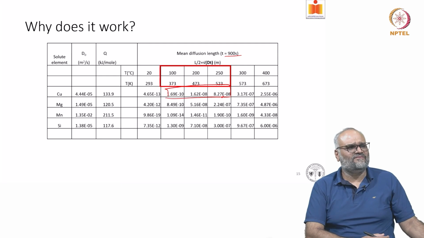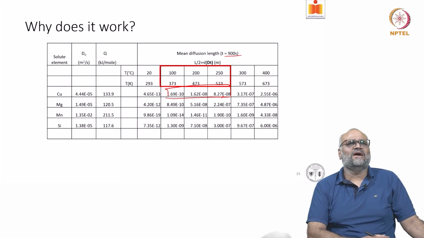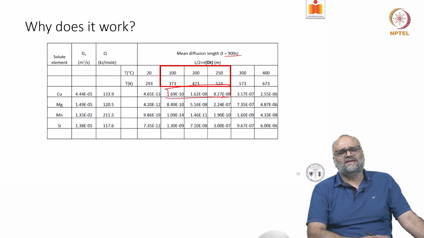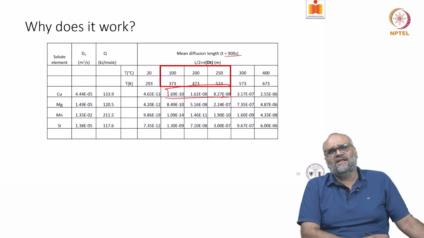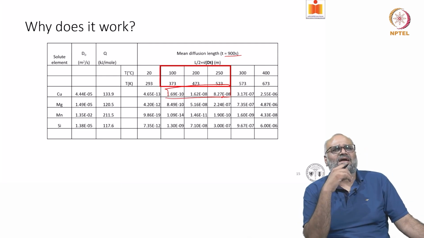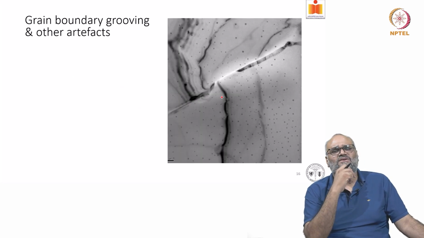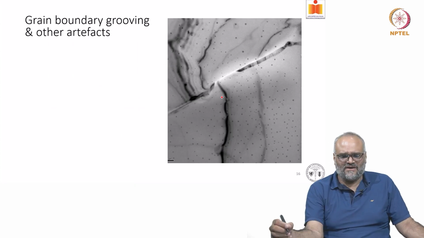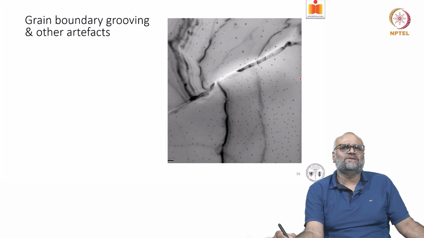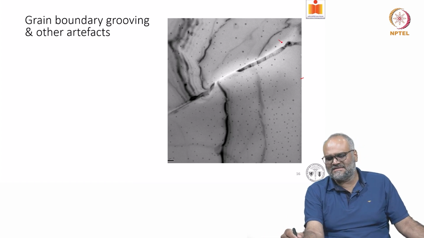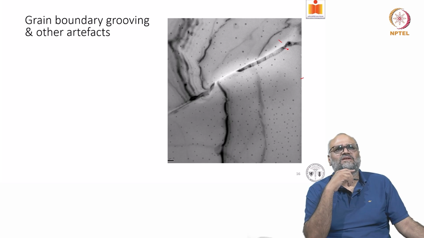When you have a thick specimen and a grain boundary within the field of view, because the diffusivities are not the same for grain boundary versus the matrix versus the surface, you can have artifacts where, apart from surface diffusion when the thickness is below the mean diffusion length, you can also see some changes in thickness happening at the grain boundary.